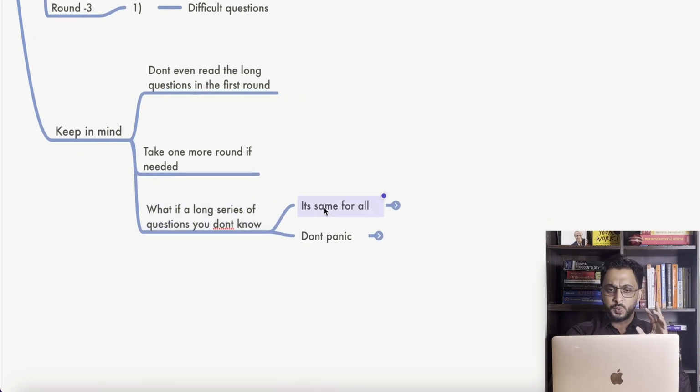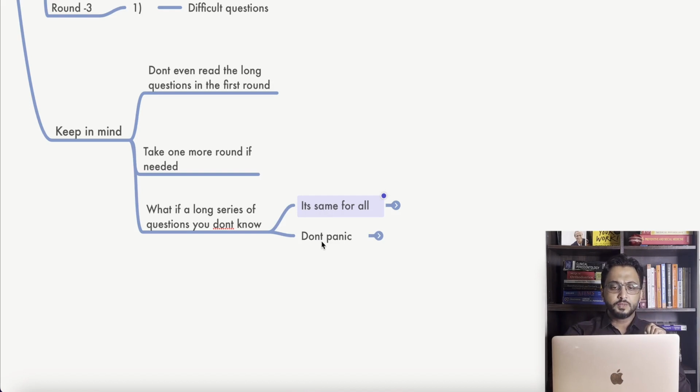Basically, if it's actually very difficult and you don't know 15 questions, it will be the same for all mostly. If it's your thoughts, it will change. Once your brain gets heated up, it will change. But if it's an actual 15 questions, very difficult, and you have no idea, it's going to be the same for all. That 15 questions will balance.